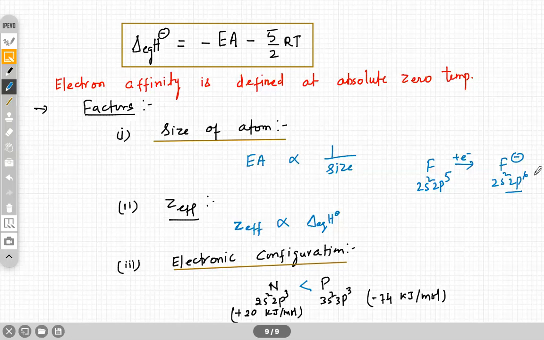No, Anurag, it's the other way. High negative value means what? Minus 10 and minus 20: minus 20 is the higher negative electron gain enthalpy. With the negative sign, the value is very high. Minus 10, minus 20, minus 40, minus 60: minus 60 has the very high negative electron gain enthalpy.